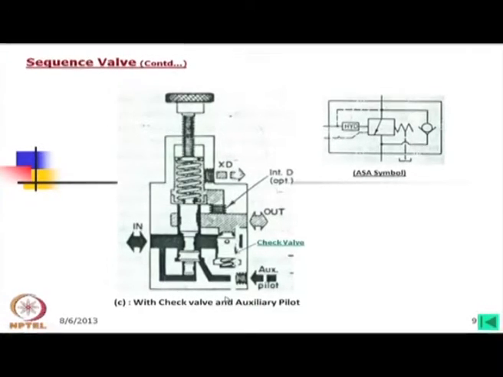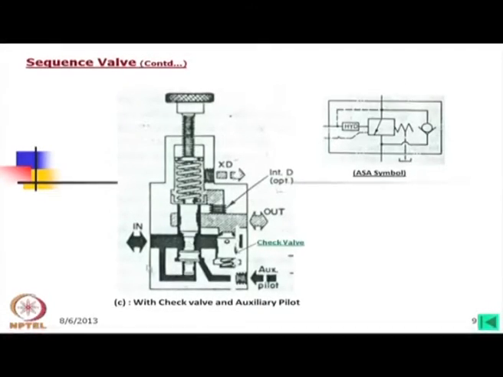Wherever this pilot is there, whether it is a pressure relief valve or any pressure regulating valve, this works on the principle of differential pressure. Differential pressure means better balance of this main spool is possible, and this will remain stable for a longer time.